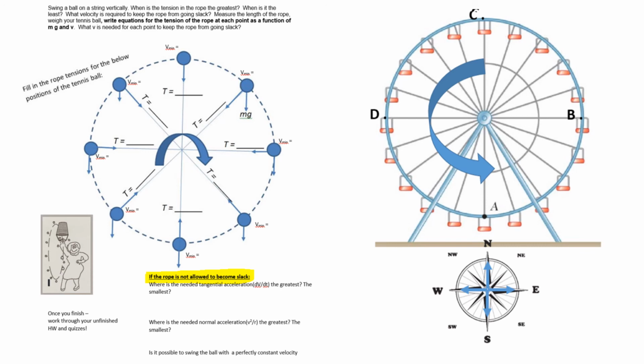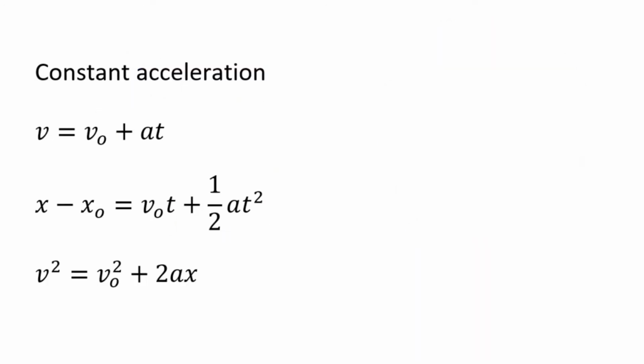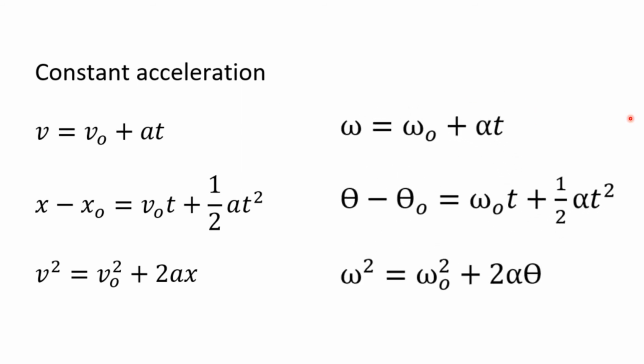It's very simple experiments. Last little piece. Okay, so you remember our constant acceleration equation. This is linear motion. We have change in position, we have our velocity. Linear versus curvilinear, it's going to be the same thing. Instead of velocities, we have angular velocity. Instead of acceleration, angular acceleration.